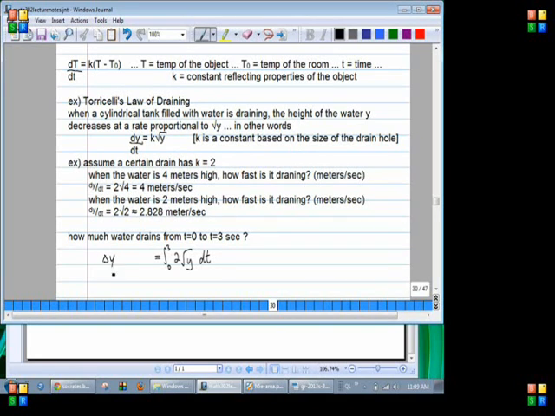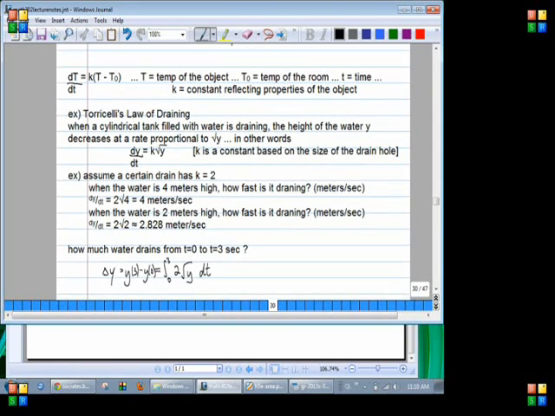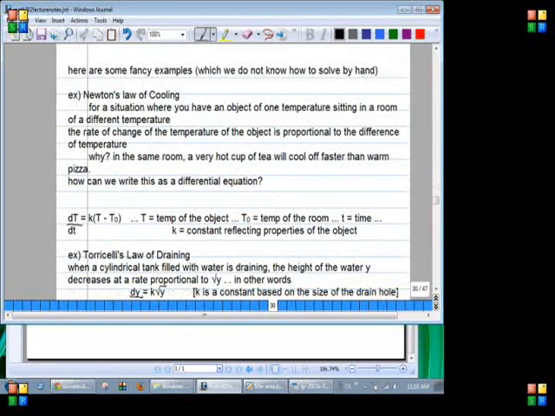Yes. And this is delta y, which you could think of as y evaluated at 3 minus y evaluated at 0. Okay. Now, of course, what do we do now? We have absolutely no idea. And as I said when I introduced this section, these are fancy examples which we don't know how to do by hand.